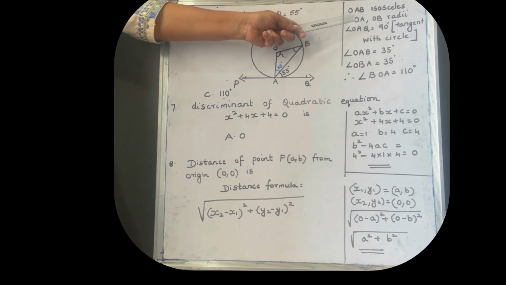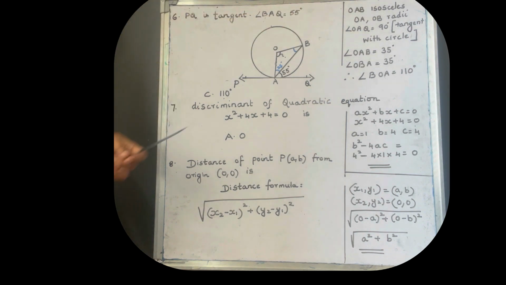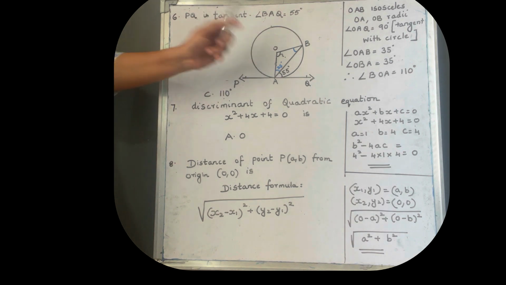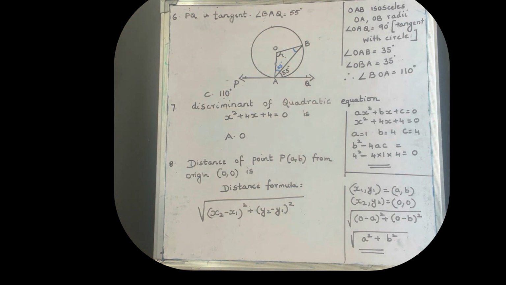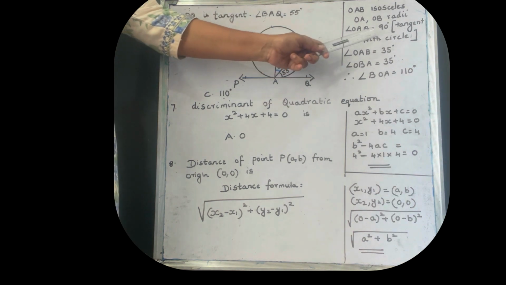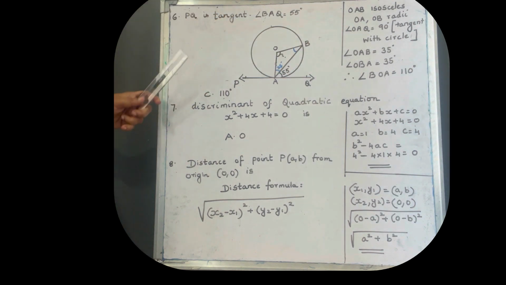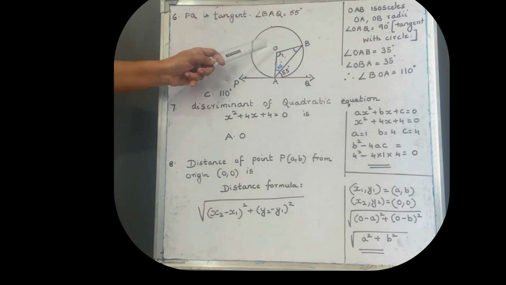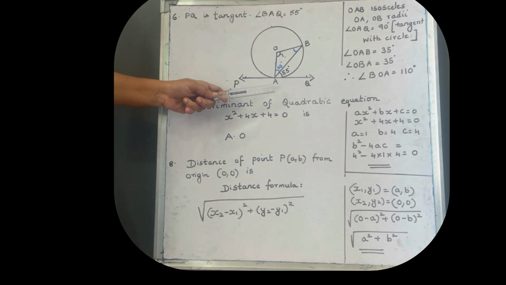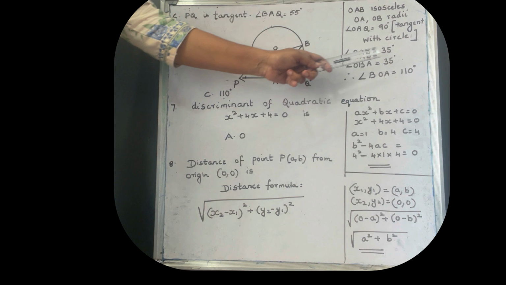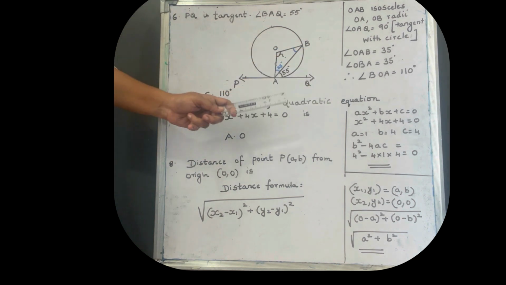Triangle OAB is an isosceles triangle with OA and OB as the equal sides, since OA and OB are the radii. Angle OAQ is equal to 90 degree because the tangent PQ makes an angle 90 degree with the radius OA at the point of contact A. Therefore, angle OAB will be equal to 35 degree.